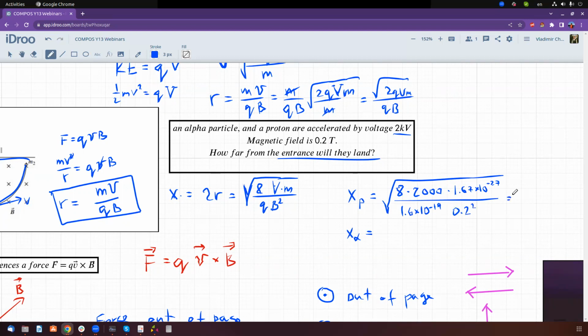So that is 0.065 meters, which is 6.5 centimeters.